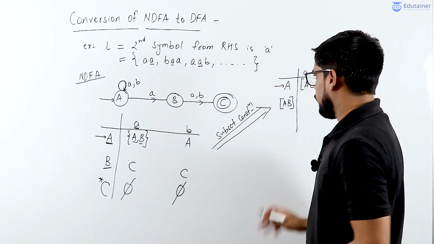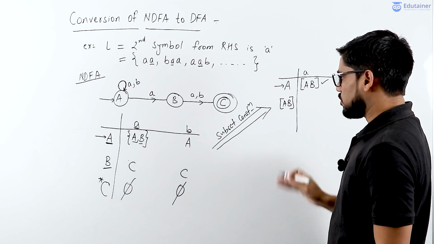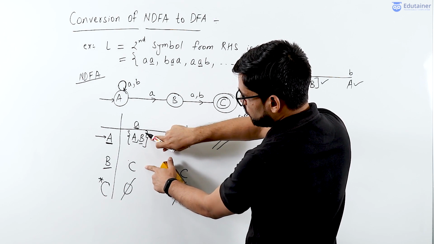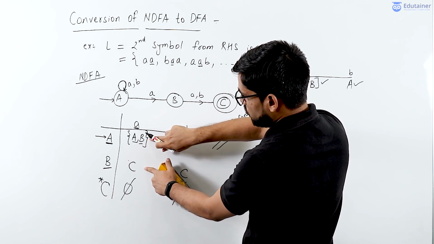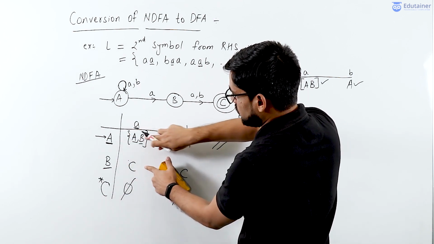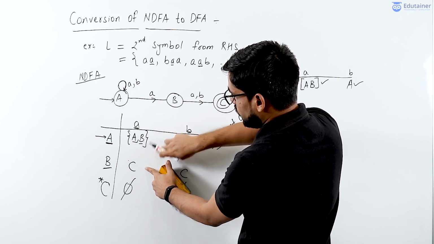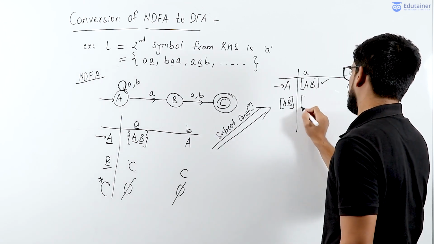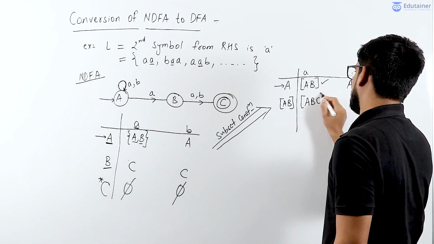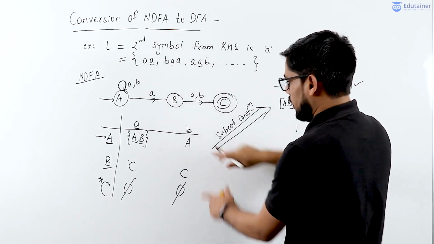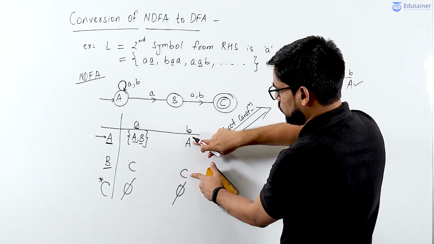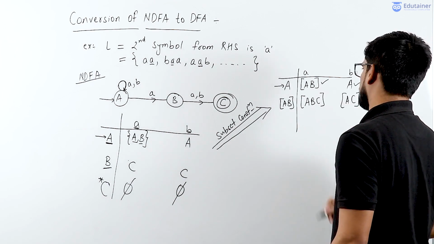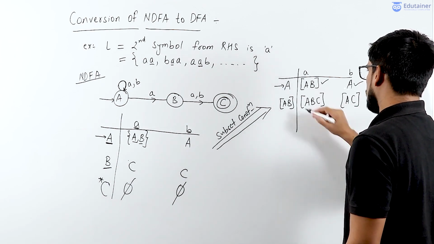Whenever two or more variables are combined as a state, you take the union of their transition moves. So AB is considered a single state, and if you union them, you will get ABC as a transition, and here if you union these two, you will get AC. So AB is also over.